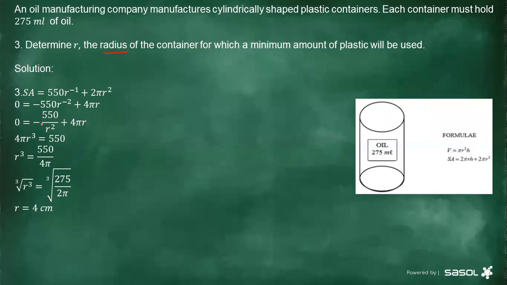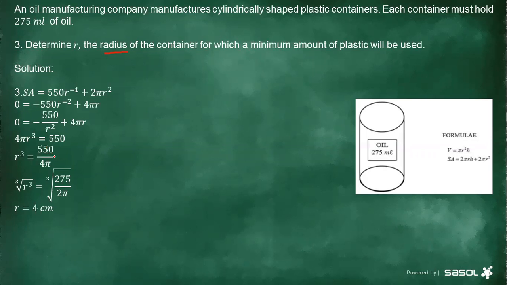That gives us 4 pi r cubed equals 550, because multiplying the fraction by r squared cancels it and leaves 550. Then we divide both sides by 4 pi.